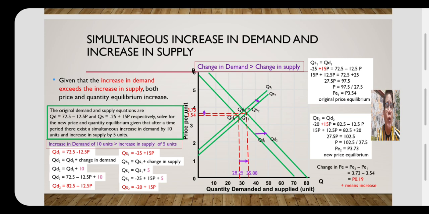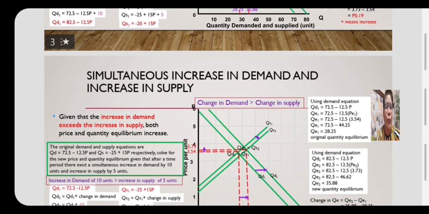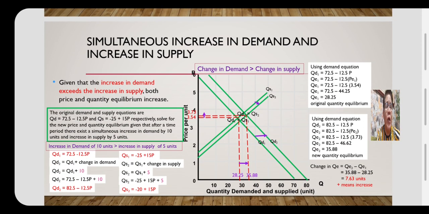So let us now proceed to the next slide, showing to you the computation of the original quantity equilibrium and the new quantity equilibrium. So using the same problem and using the same graph or market situation based from the same problem stated above, we can now solve for the original quantity equilibrium.